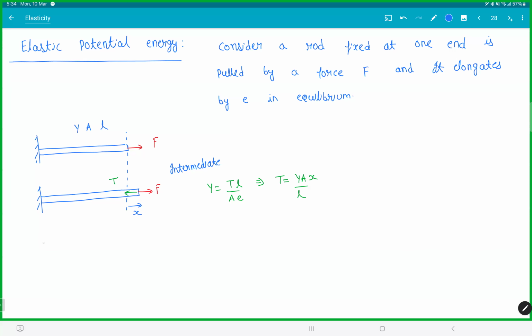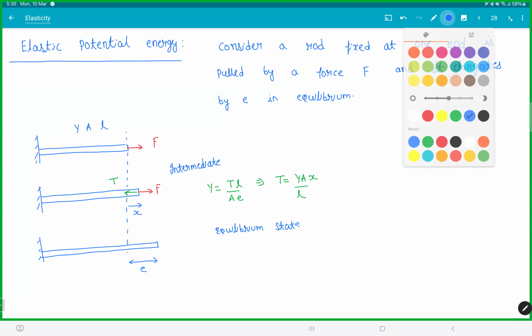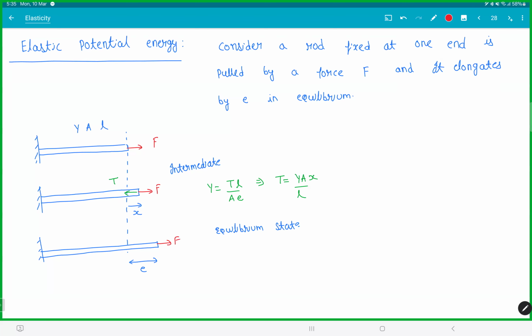So it is applying more and more force, but F is still greater than T. Eventually, the rod will reach a position E. So this is your final equilibrium state. In the equilibrium state, the external force F and your tension T become equal. This becomes YAE by L.